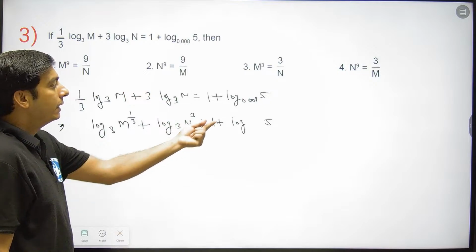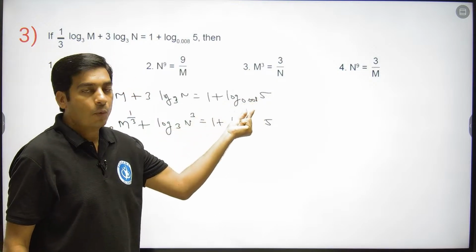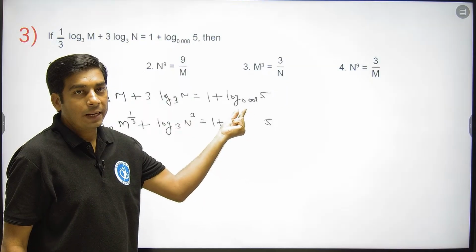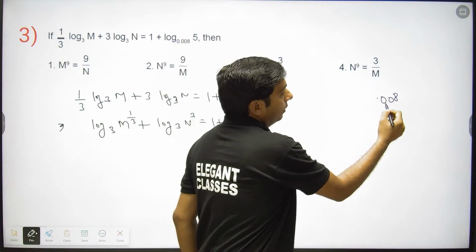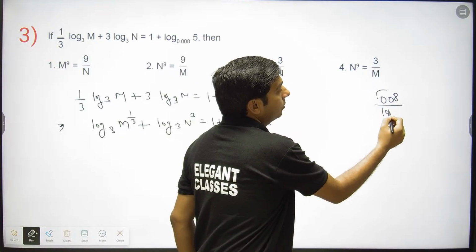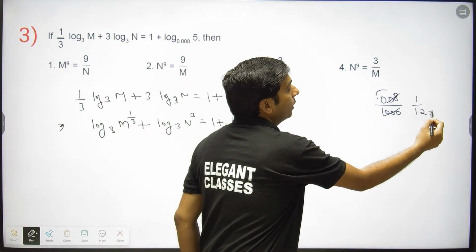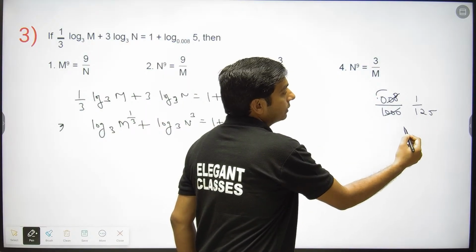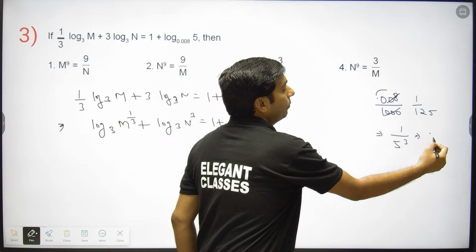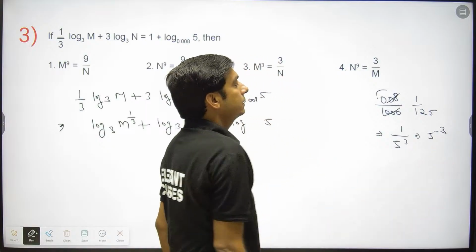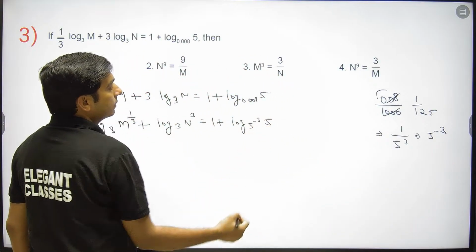Now here, if I remove the decimal, 0.008 will become 8 upon 1000, and if I cancel out, it will become 1 upon 125, which is 1 upon 5 cubed, which simply means 5 to the power minus 3.